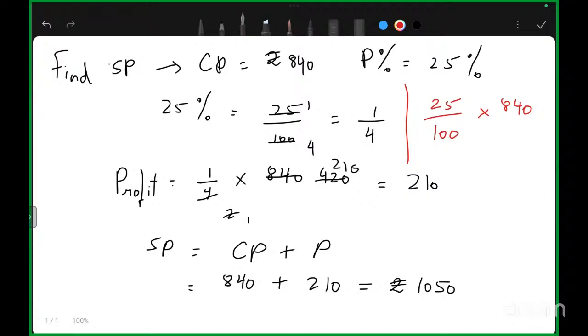Check out this method. The ratio method that I taught you will also give you the answer, but the fraction method is also simple. The ninth and 10th questions we will solve with the fraction method.